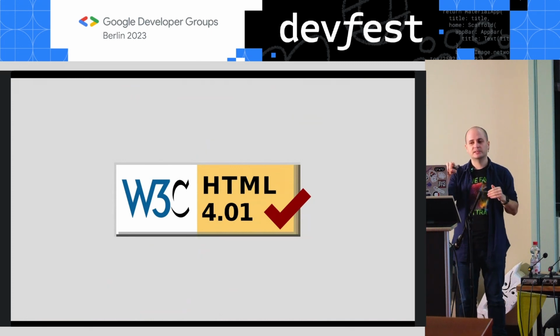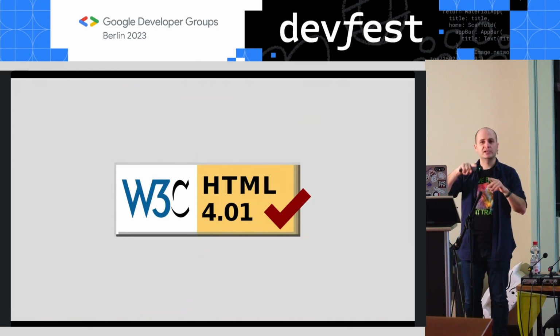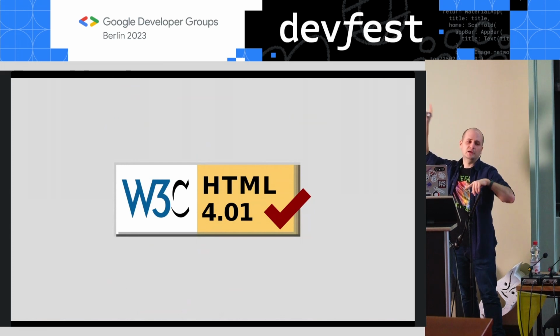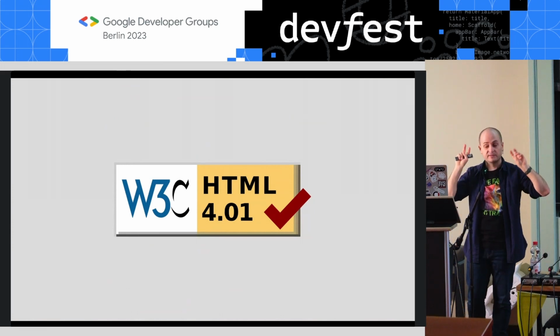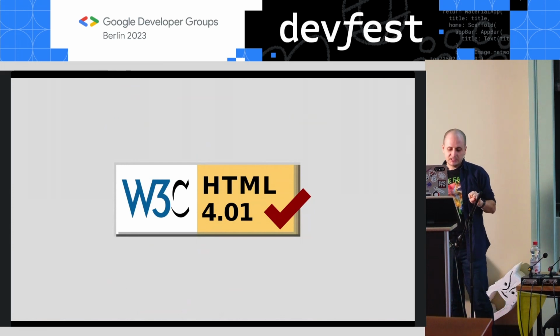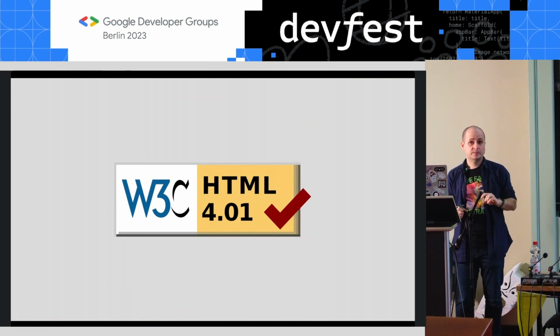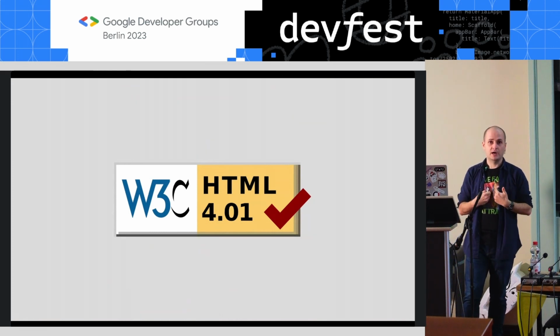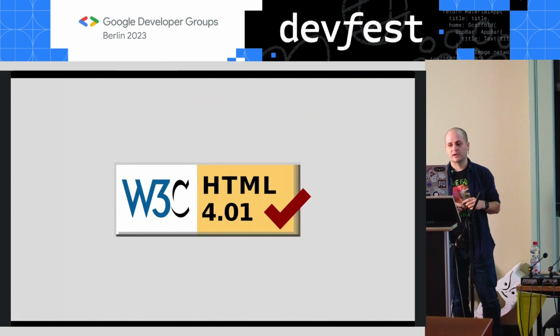And this button would link to the HTML validator with the result that our website is 100% valid. It didn't mean a lot to end users, but it meant a lot to us as developers. So we used to brag about this.